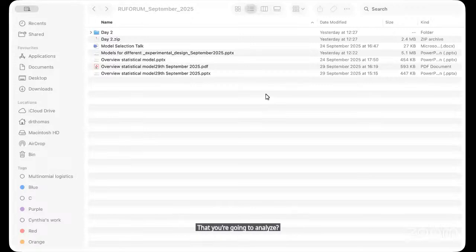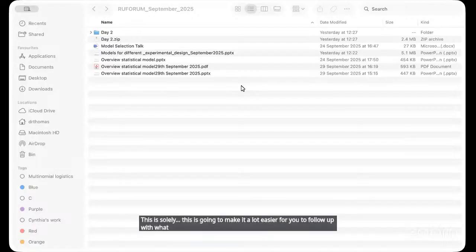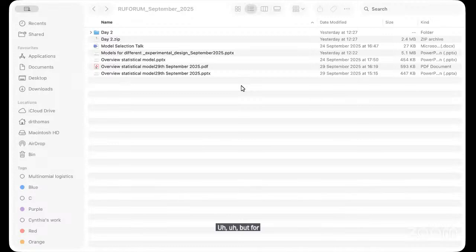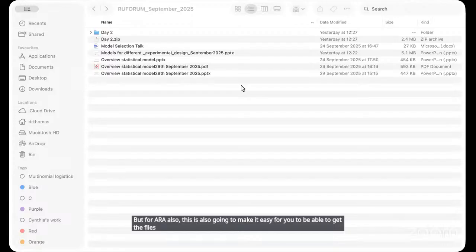You'll have the scripts, and then you'll also have different results, and anything that is associated with that project should be in that one particular folder. This is going to make it a lot easier for you to follow up with what you're doing on your computer, but for R also, this is going to make it easy for you to get the files that you're interested in.